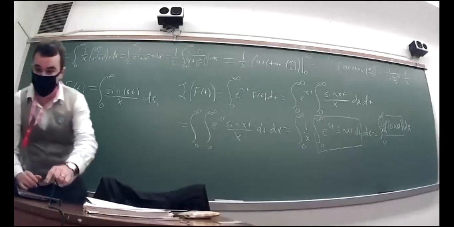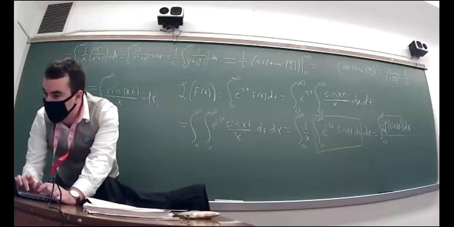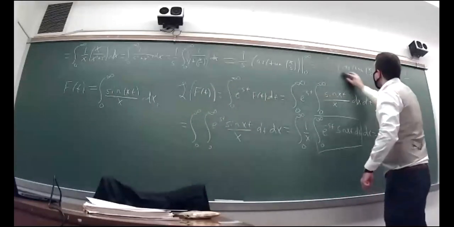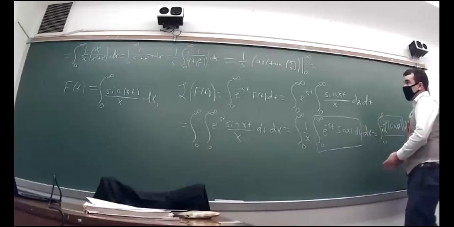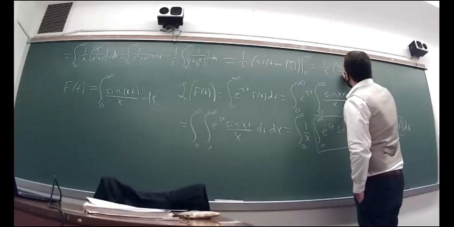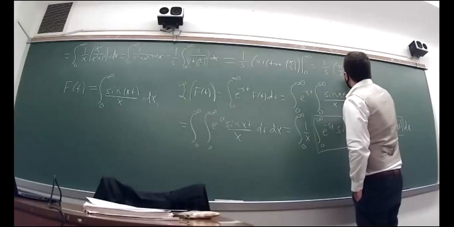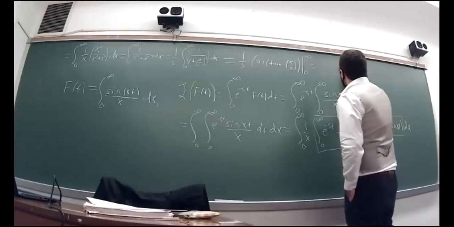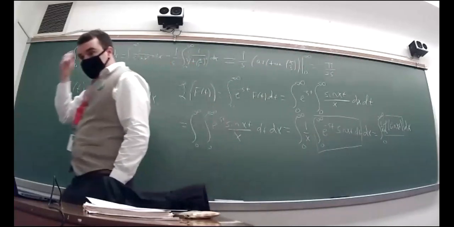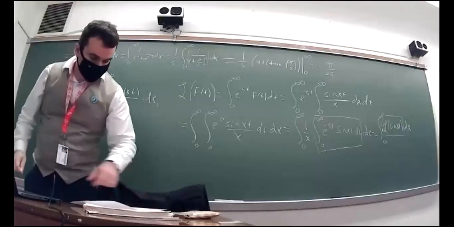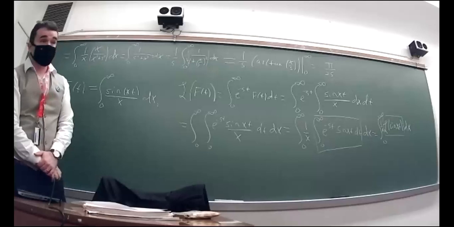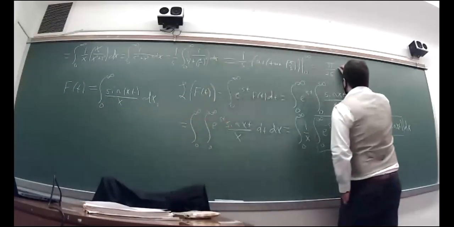So this finally gives us pi over 2s. Wait, how do we get that?